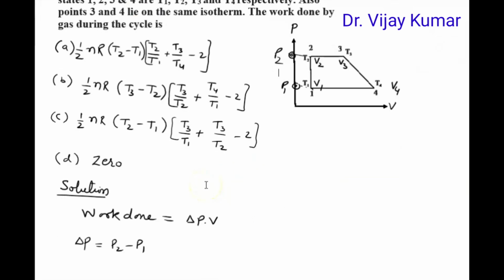So average volume becomes V3 minus V2 plus V4 minus V1 upon 2.